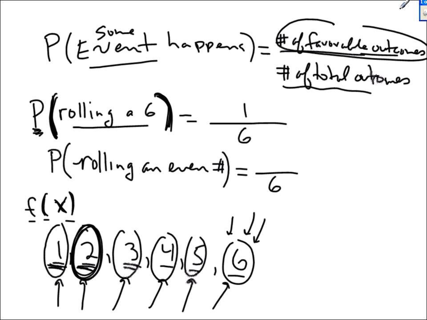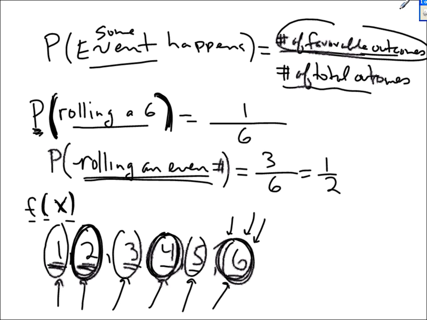Well, the 2 is even, the 4 is even, and the 6 is even. 3 of them are of this type, the favorable type. What's in here is favorable. Okay, so it's 3 over 6, or 1/2. Half the times you're rolling even, half the times you're rolling odd. There are 3 evens and 3 odds.